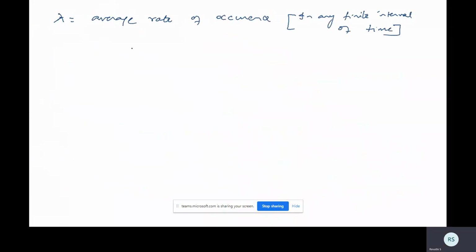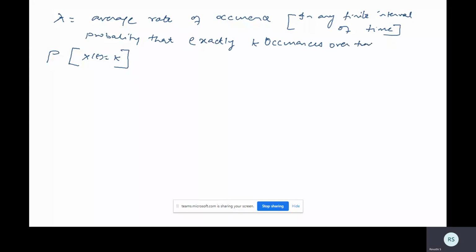Okay, so if it is a Poisson distribution, then lambda is the average rate of occurrences. Next is probability, that is, the probability that an event occurred or not. Probability X of t equal to k: you write down the probability that exactly k occurrences happened over the time interval 0 to t.